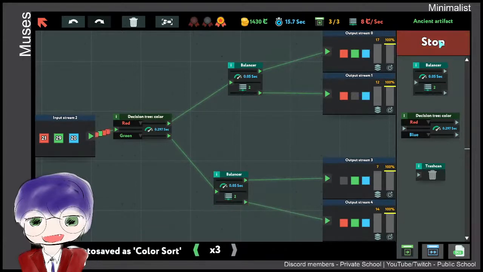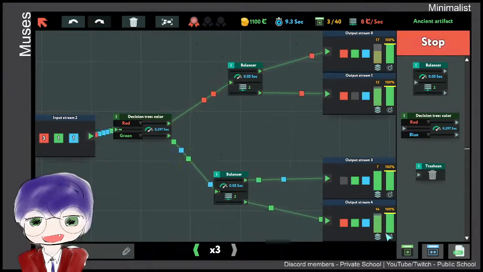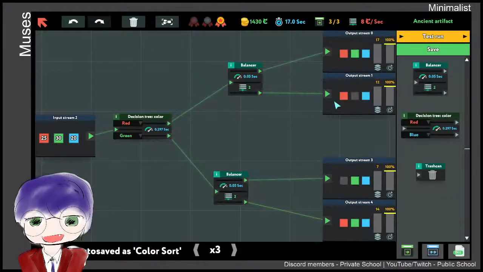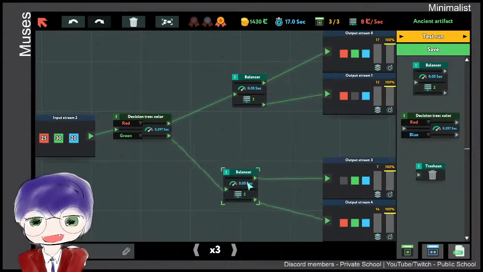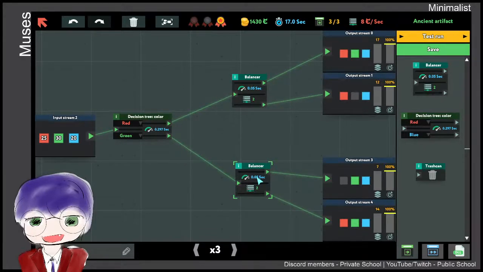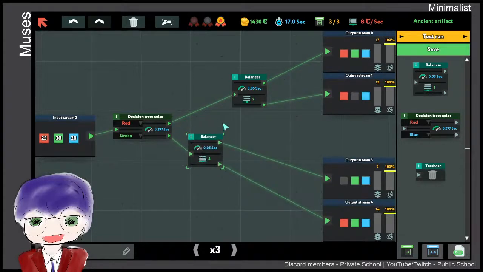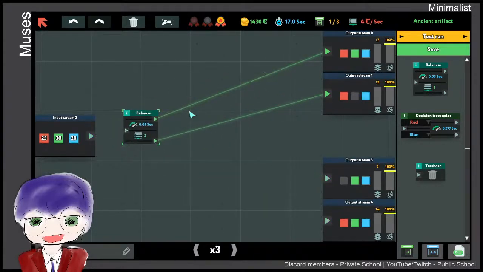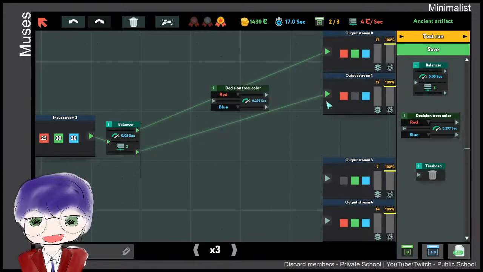Because then we wouldn't be using a decision tree for that. So this isn't filling up enough. Okay. Well, this would be really expensive, right? Oh, no. What we'll do is we'll balance this.